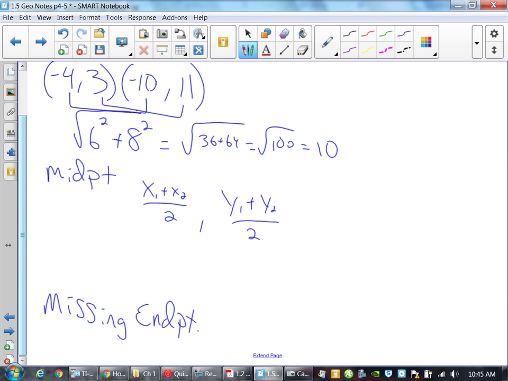So what's -4 plus -10? What's half of -14? -7. So this ordered pair has a midpoint then at -7, comma, what's 3 plus 11? What's half of 14? 7. So this has a midpoint then, a halfway spot at -7 and 7.